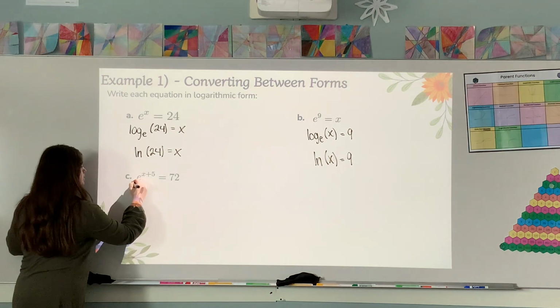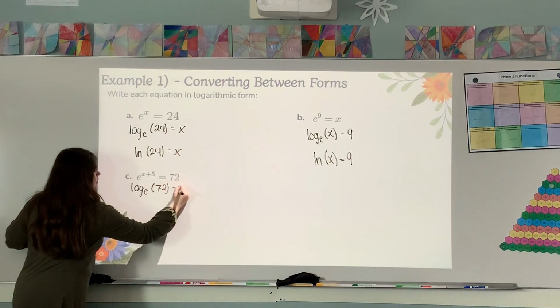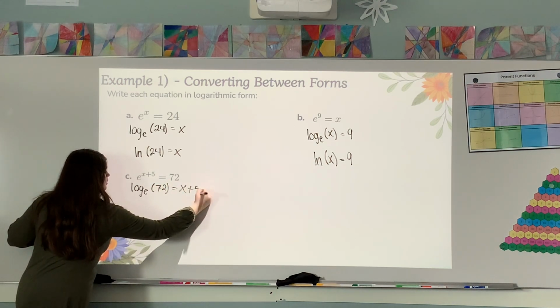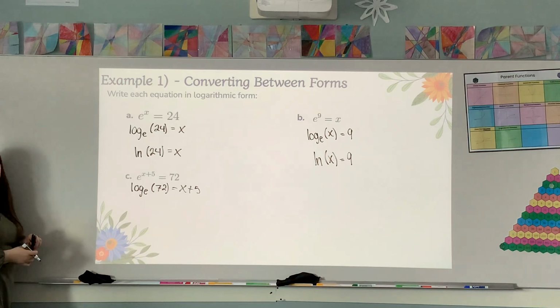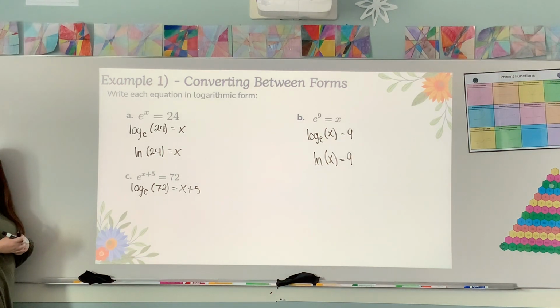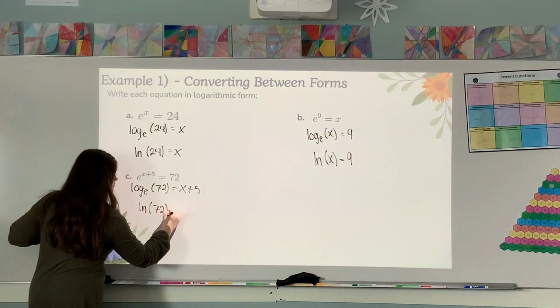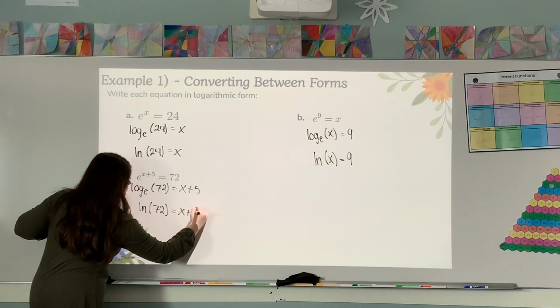Log base E of 72 is equal to x plus 5. And then how would we write it in the abbreviated form? ln of 72. This isn't terrible, just reformat it.